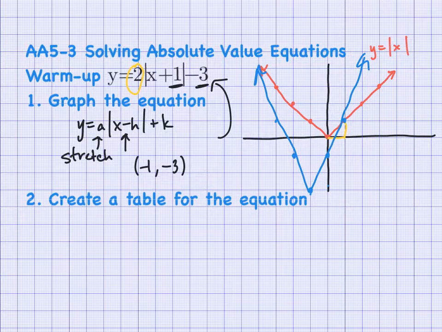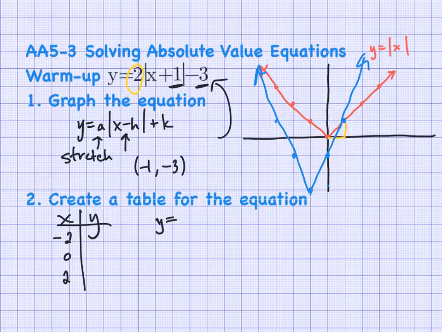So creating a table, I'm only going to do a couple of values, but I wanted to remind you of how the absolute value actually works. So let's say I pick the values negative 2, 0, and 2. For the first one, I plug in negative 2 into my equation, that's just the value that I decided on.